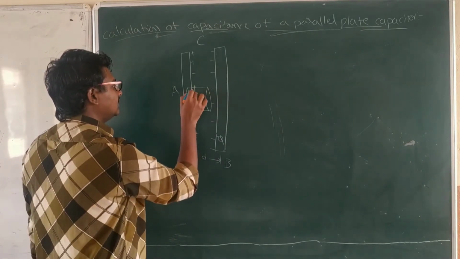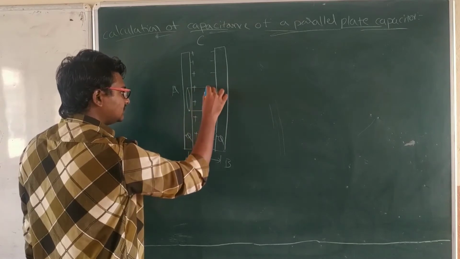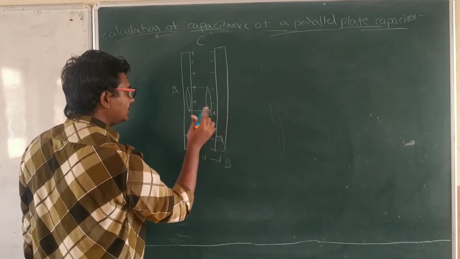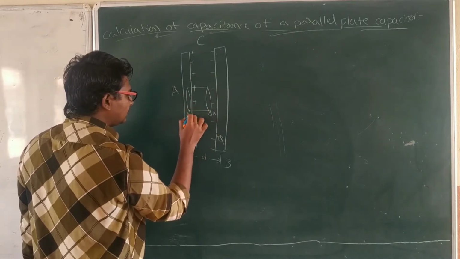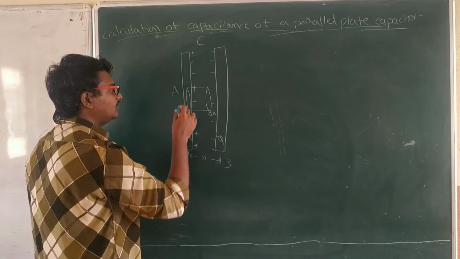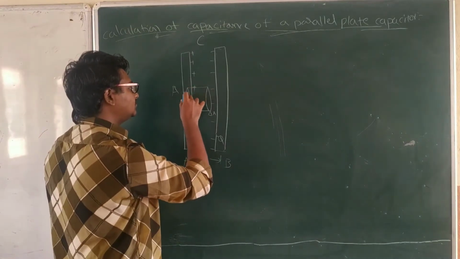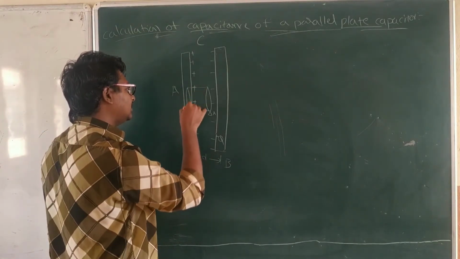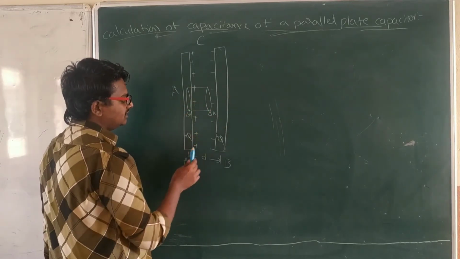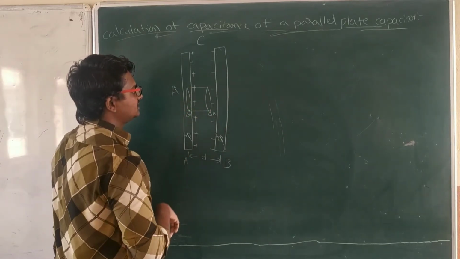Here this circular area I am considering as delta A and delta A dash. Both are of same size only, but one assumed Gaussian surface or area is there inside the plate A and one is in between the A and B. In the gap it is there.